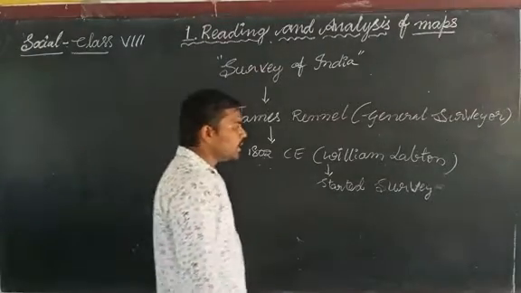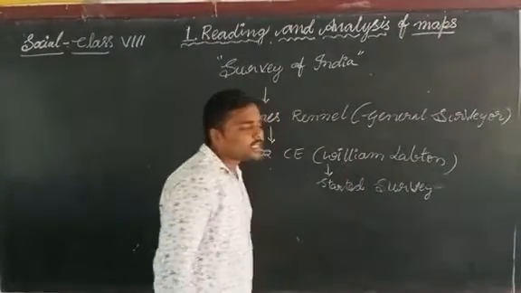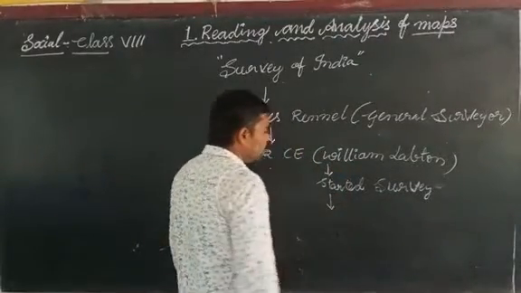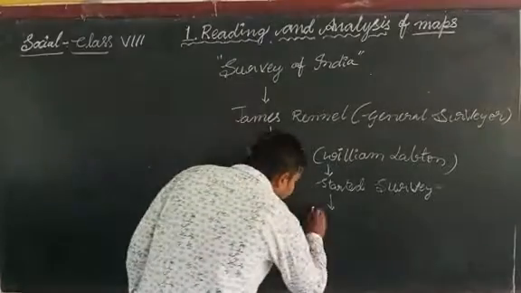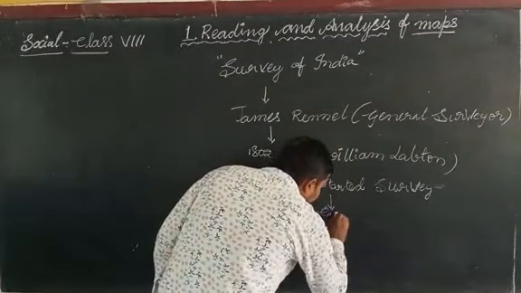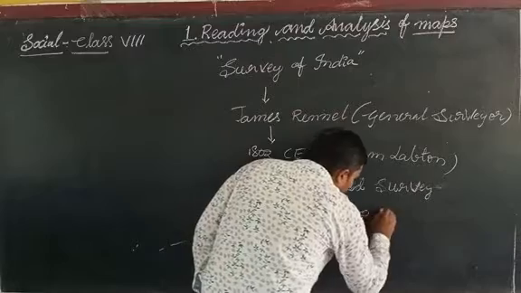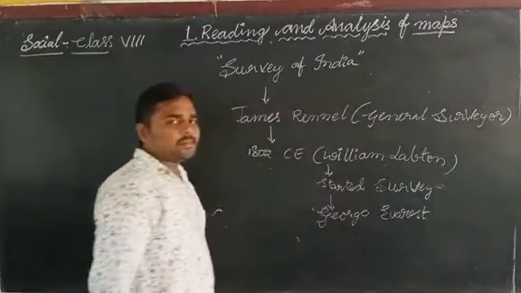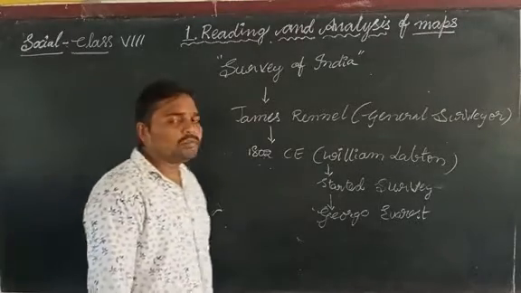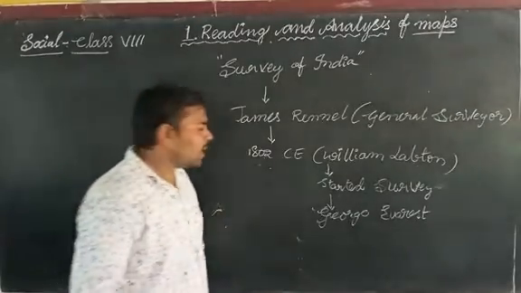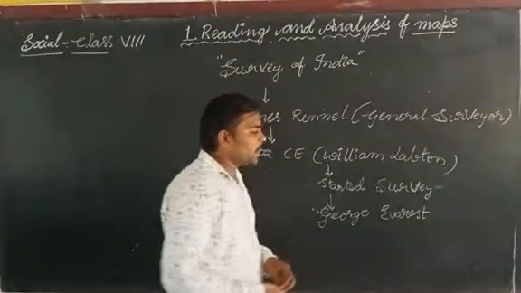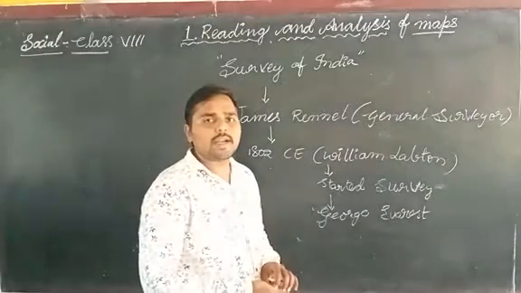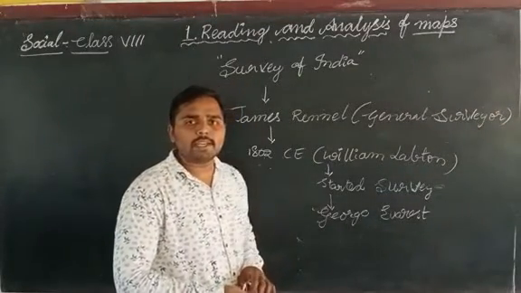But he did not complete the entire survey of India. After William Lambton, a person called George Everest completed the survey of India from Chennai to the Himalayas, and he was the first person to calculate the height of Mount Everest scientifically and mathematically.